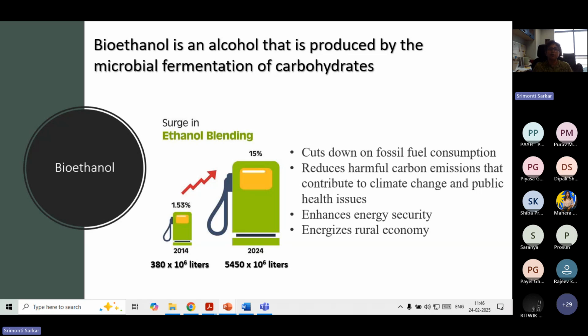The first country to really understand the utility of blending bioethanol into gasoline was Brazil. The reason is because Brazil has a lot of agricultural land devoted to corn production, and they looked for a way to use the corn that was not consumed by humans or used as cattle feed.